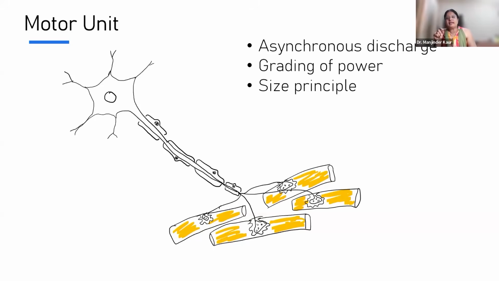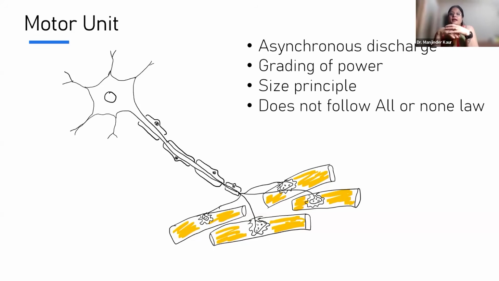When we stimulate, initially the fibers with smaller diameters will contract first, and they would result in the contraction of all the muscle fibers innervated by this motor unit. If we require more power, then the fibers with larger diameter will be stimulated, and more muscle fibers will be recruited. Now, this is called the size principle.